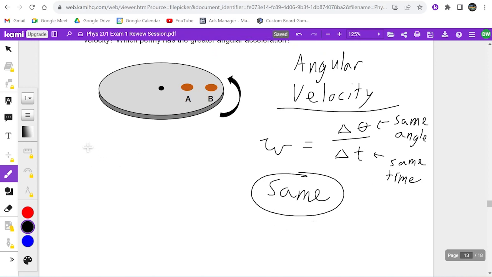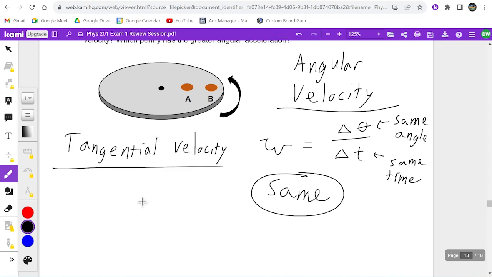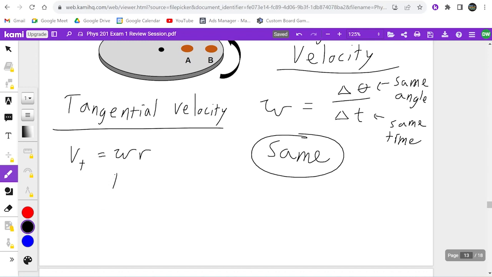Now, for the tangential velocity, these will not be the same. This is what you are probably thinking of for angular velocity. For tangential velocity, we can just use the equation Vt equals omega times r. Remember, we said omega was the same for both, but obviously the radius is not the same for both.